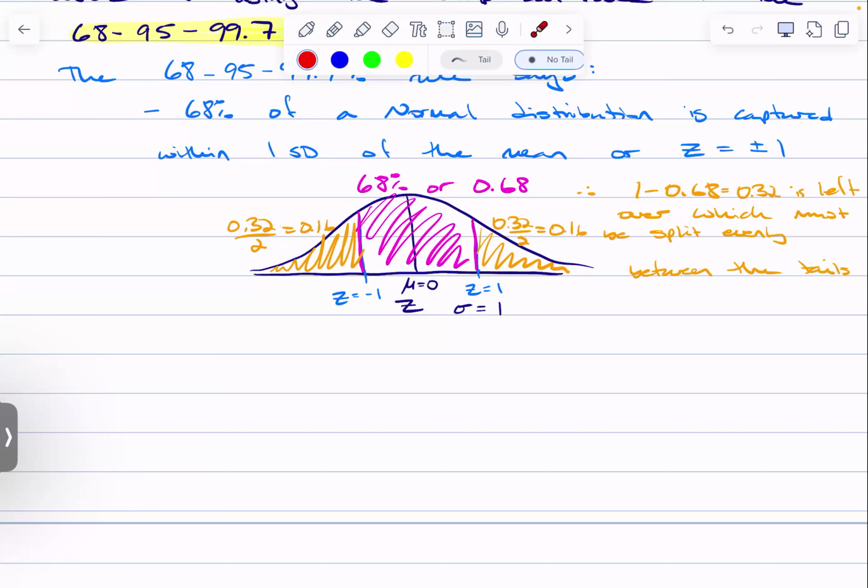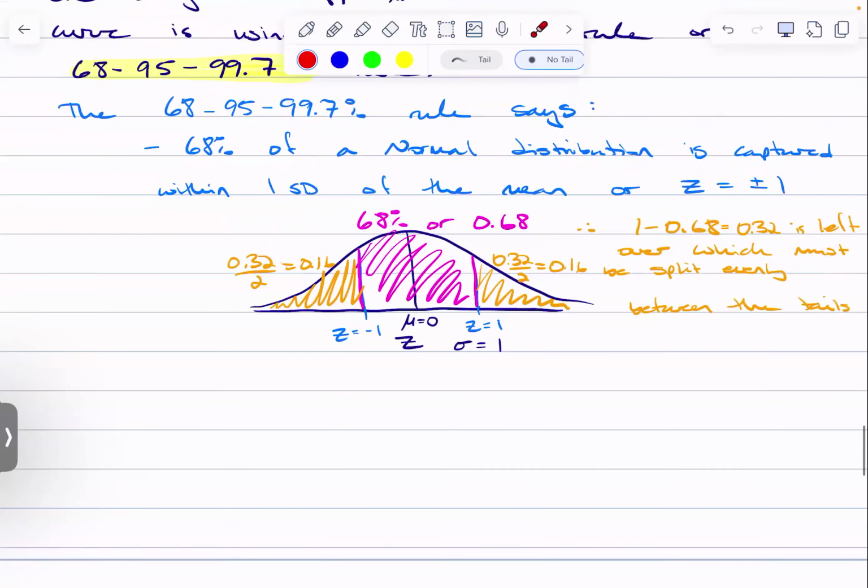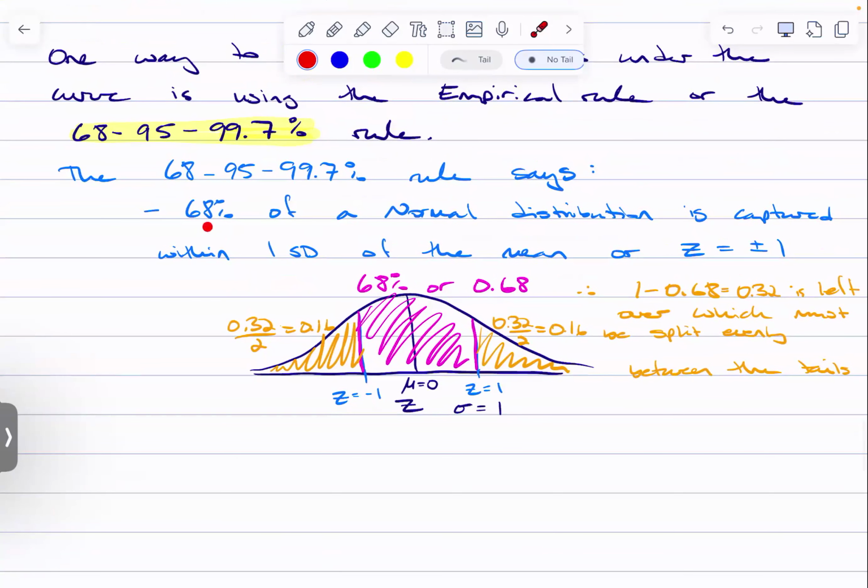So this is a nice way to approximate areas under the curve. 68% was within 1 standard deviation. If you had to guess what the 95% is, could it possibly be 2? It is.